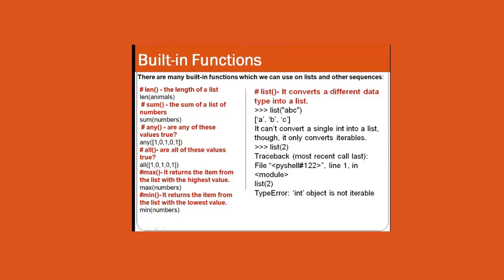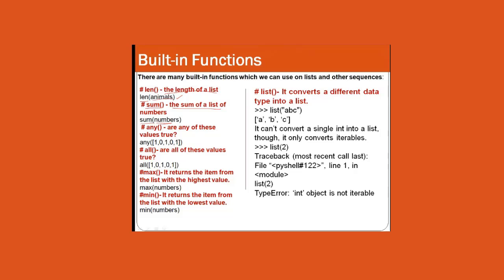You can find the length of the list by writing len, the name of the function, and inside it the name of the list. Then you are doing the sum of the list of numbers. You write the sum function, and inside you mention the list name. Any: are any of the values true?